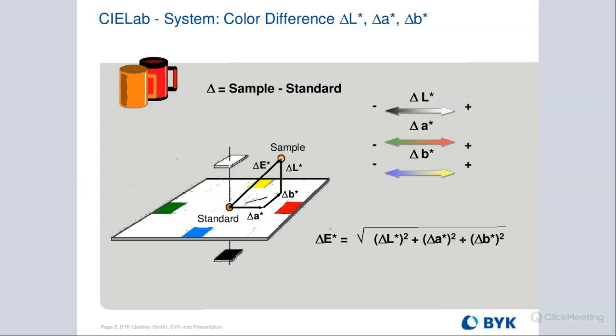That all gets calculated into one value. What's nice about the equation is that instead of having to look at three different values to see where your differences are between your sample and your standard, we can simply look at one number, which makes it a lot easier in a quality control process.